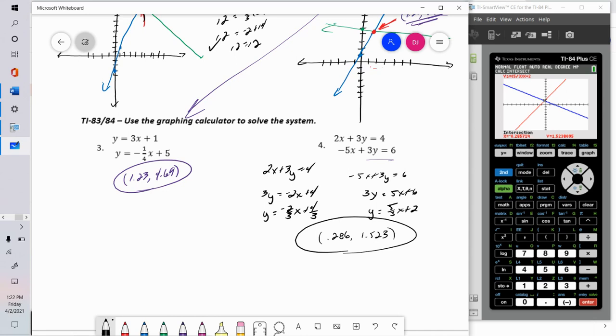And there is the solution of my system of equations. Not a great method of solution. There are better options. Using the calculator to solve a system by graphing is fine if the equations are already solved for y, like they were in numbers 1, 2, and 3. Number 4, graphing is not a very good method of solution.